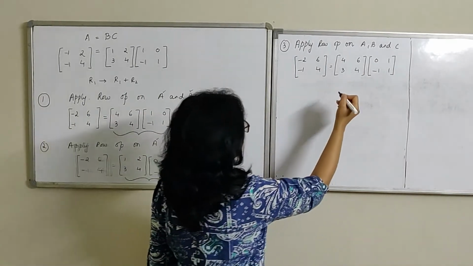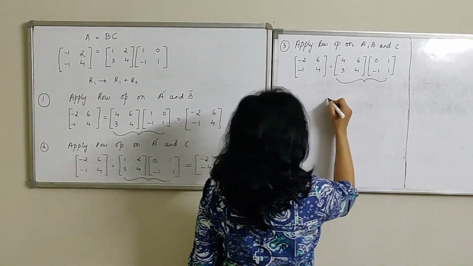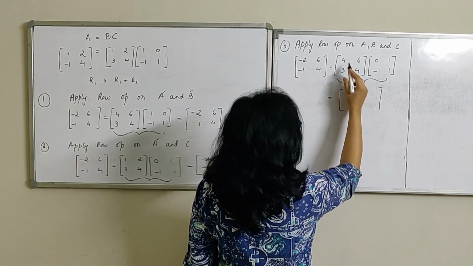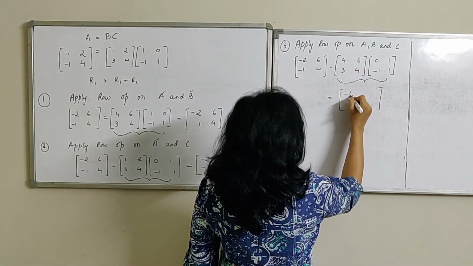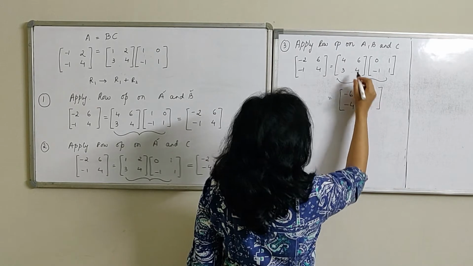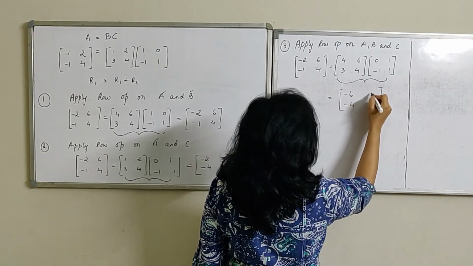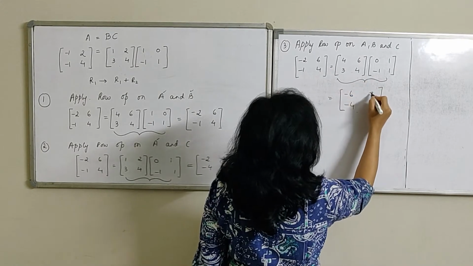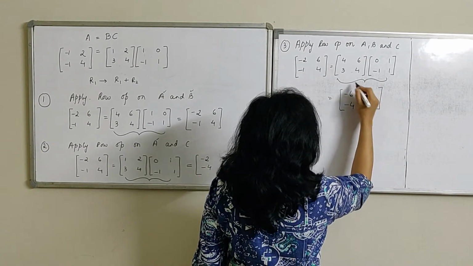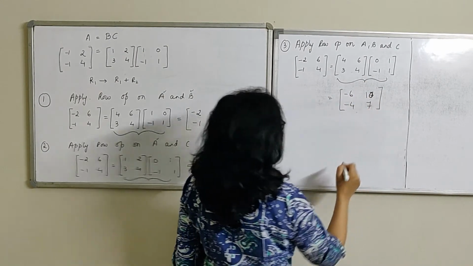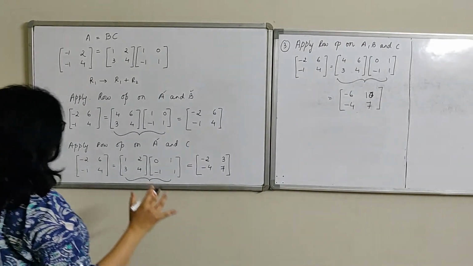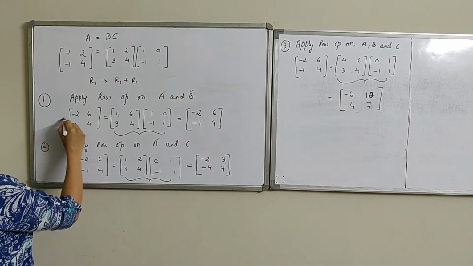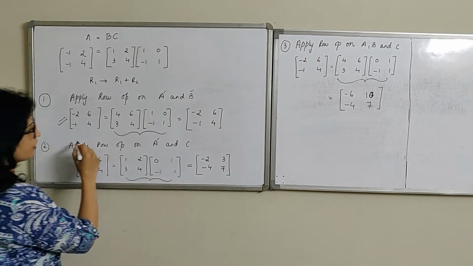On the right hand side, multiplying these two, the product matrix which is obtained is minus 6, minus 4, and here is 3 plus 4, 7, 4 plus 6, this element is 10, and 3 plus 4, 7 is here.